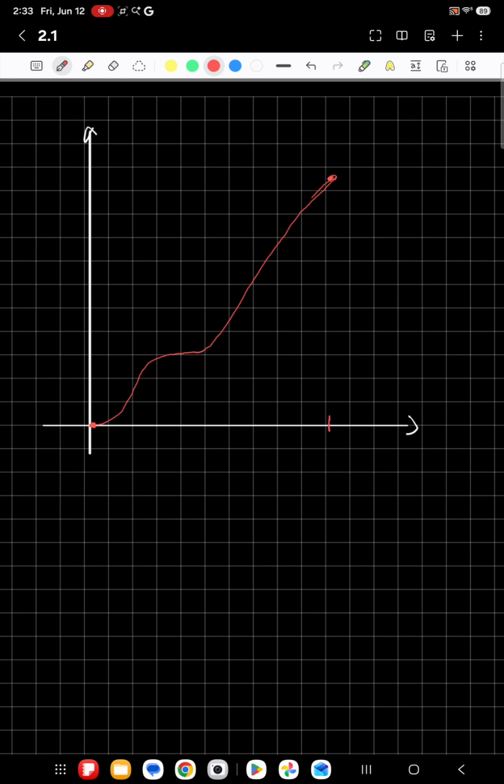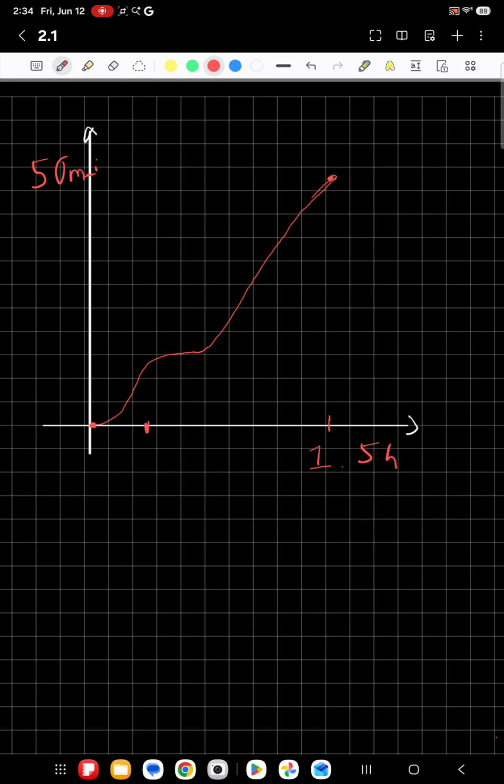So if we wanted to calculate, this is still 1.5 hours, and this is still 50 miles. Let's say you're trying to calculate the instantaneous speed at this particular moment.